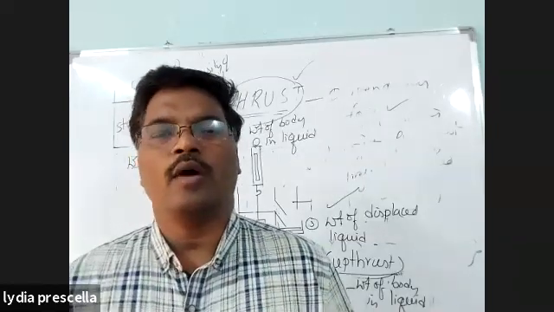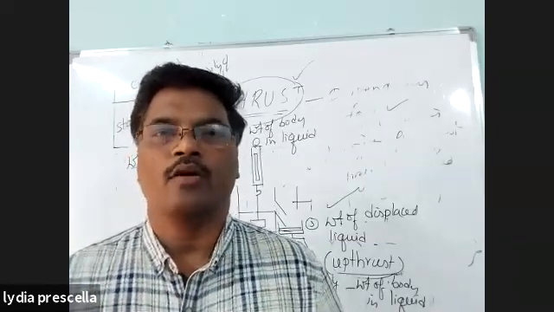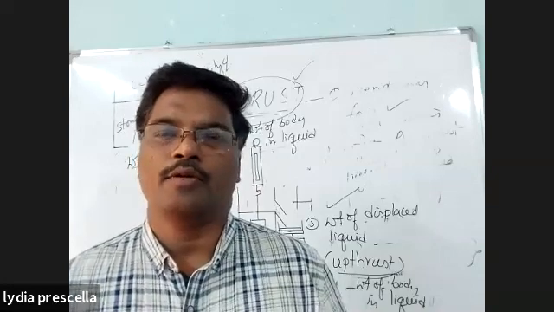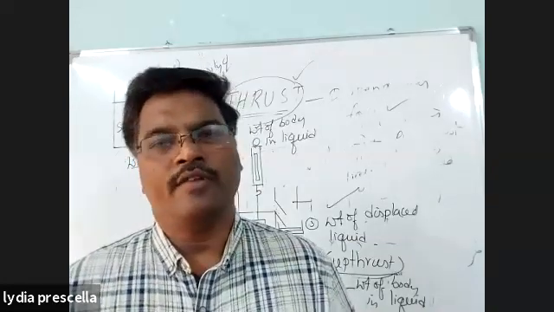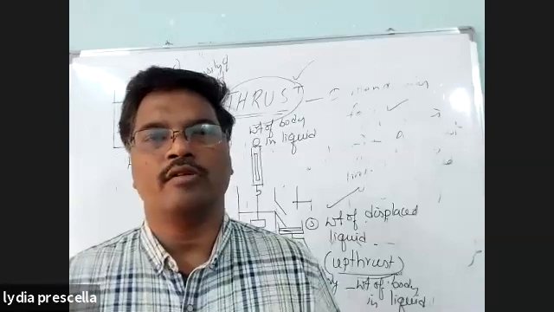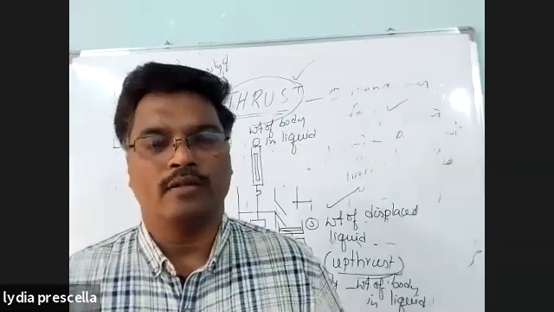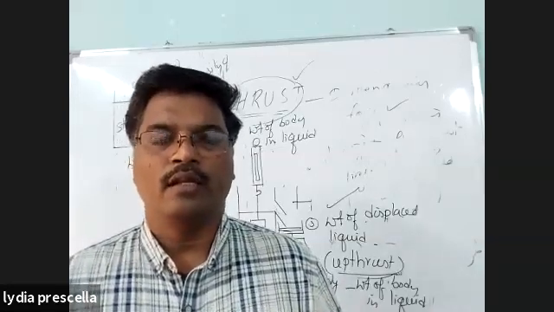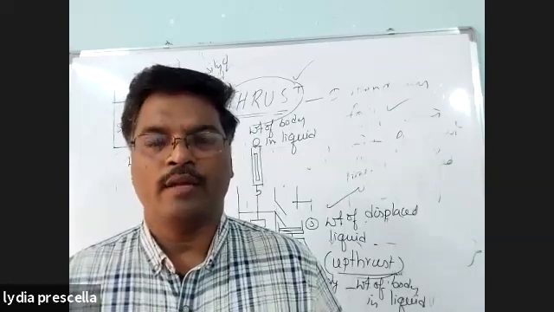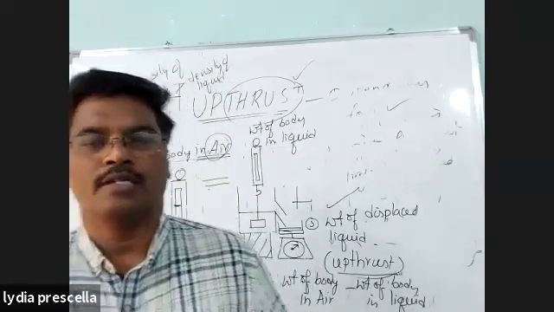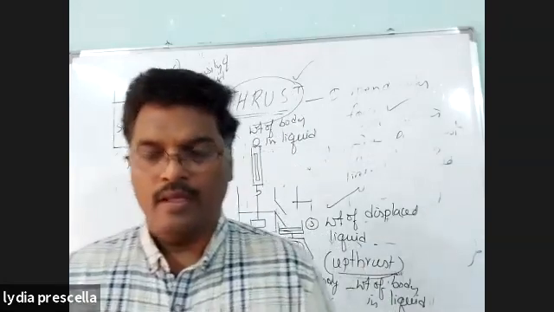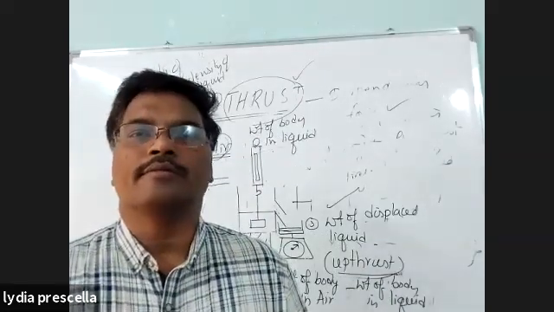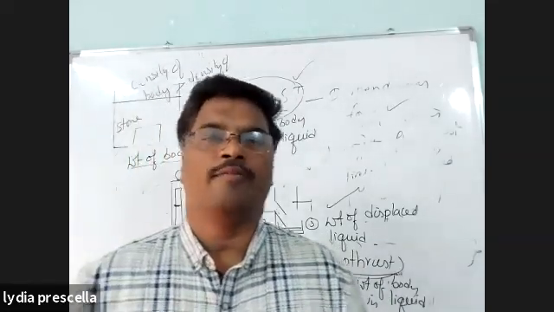The reason why they are floating in liquid is called upthrust. This is the first point I told, and I told the definition of upthrust. Upthrust is a force given by the liquid to the body in upward direction when the body is immersed partially or completely. And second thing I told is about the formula of upthrust.